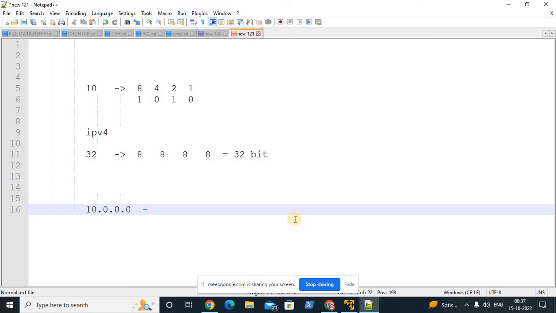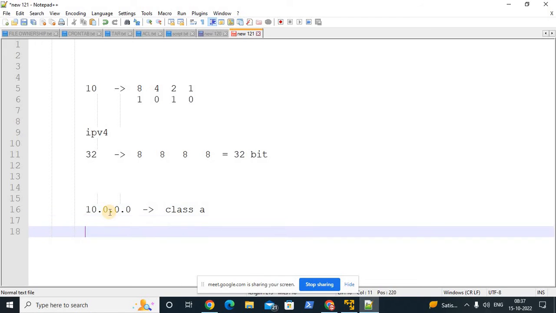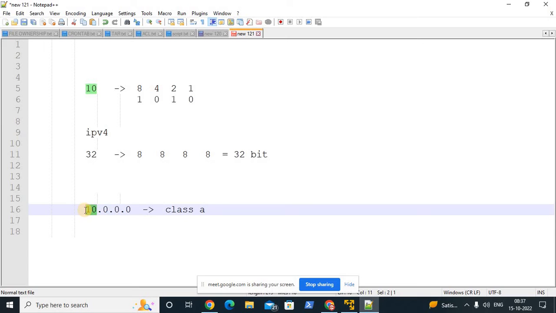So assume this one is class A. In that, the first octet is the network ID and we cannot change it. The rest of the 3 IDs we can change because these are the host IDs. For example, I want to change 10, we cannot change. Here I can use 1, here I can use 2, here I can use 101.